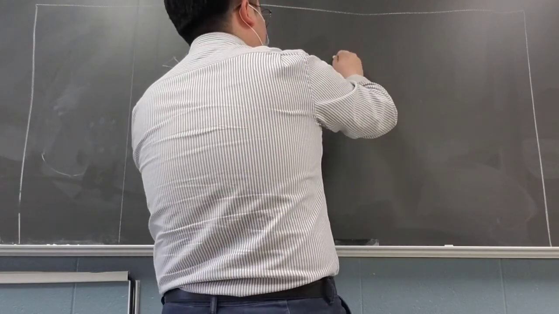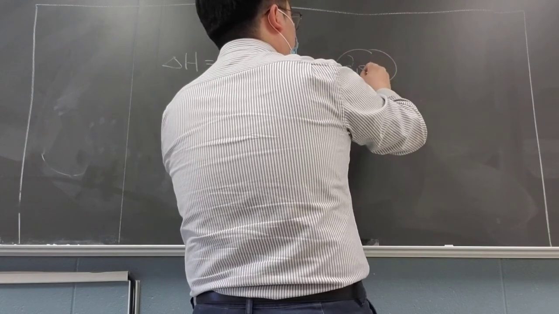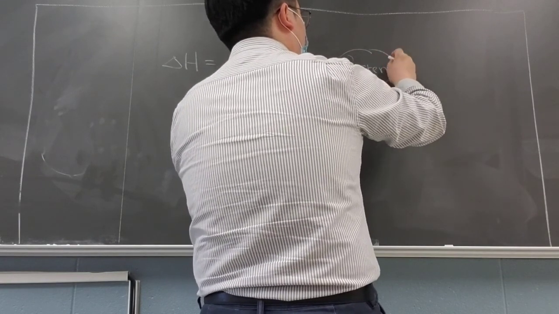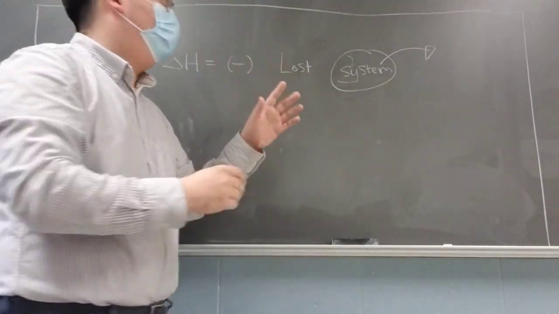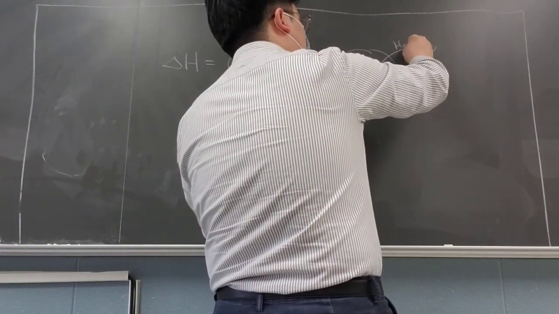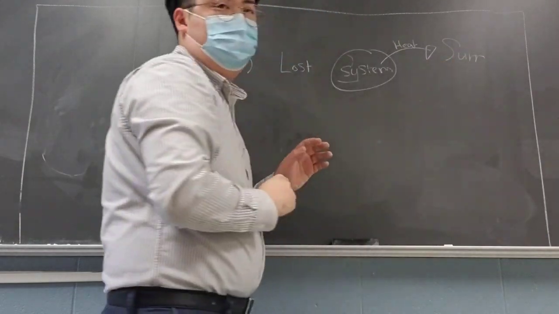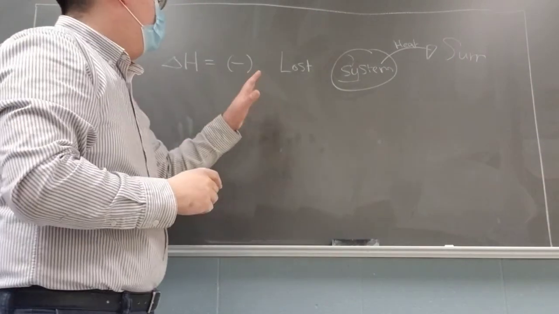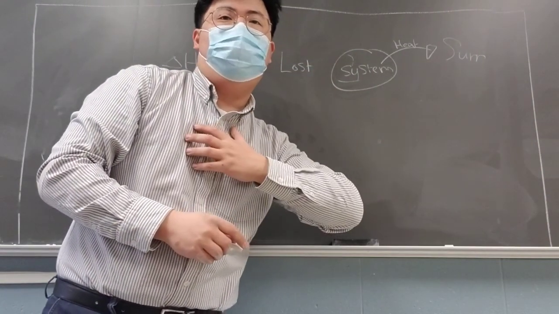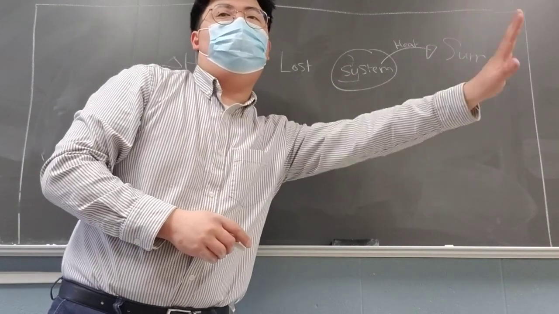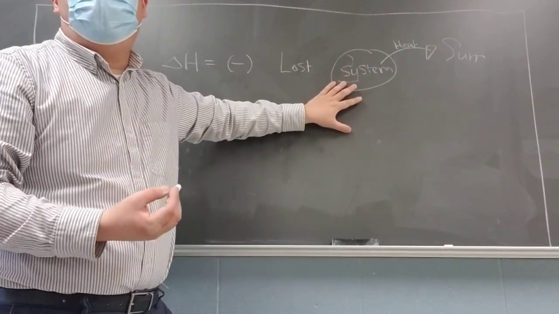So meaning the system is losing the amount of heat energy, meaning it's going out. So heat energy here is going out from the system to the surroundings. Okay? So that's why it's a negative sign, because they're losing energy by giving up the heat energy to outside. So from the point of view of the system, it's negative.